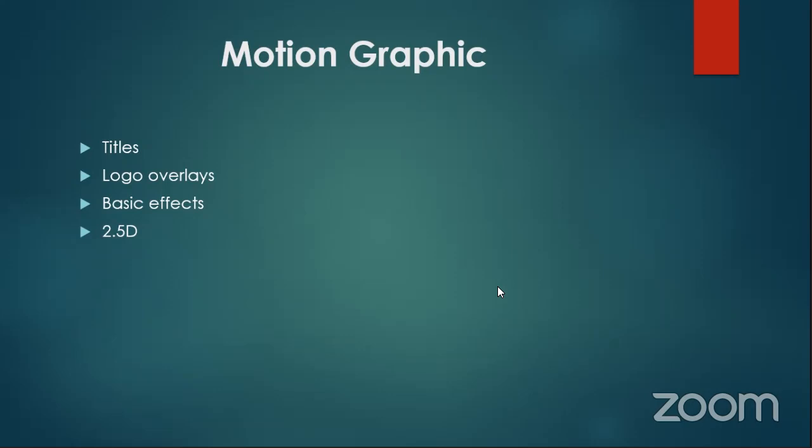So with 2.5D in the motion graphic stage, we can move or mask a few characters from those images, and we can add some parallax kind of effect.